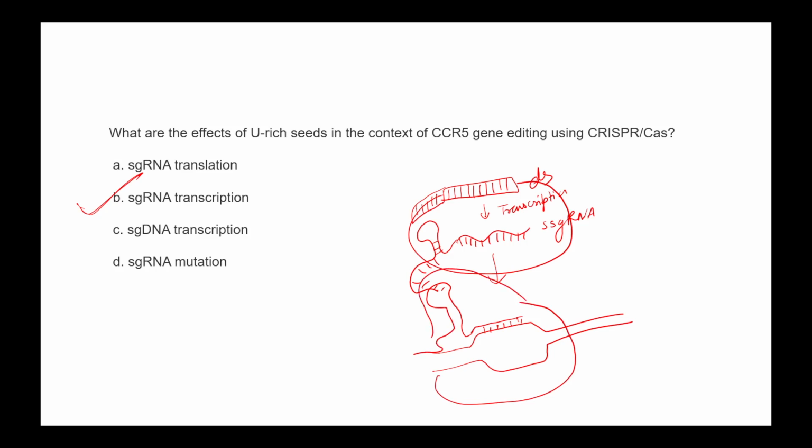So that is why it is sgRNA transcription that will be affected by the U-rich sequence.